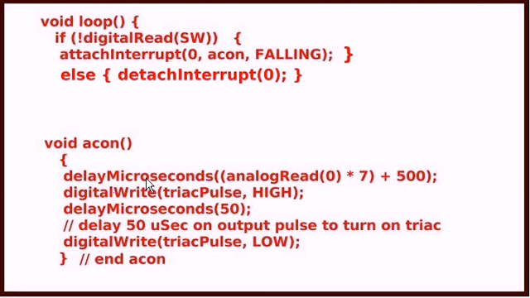This is the delay microseconds routine, which is good for up to 16 milliseconds. The delay microseconds can be used up to about 16 milliseconds, which is fine, because I'm only using it for around 8.35. After that delay, I'm going to do a digital write to a pin designated as triac pulse.